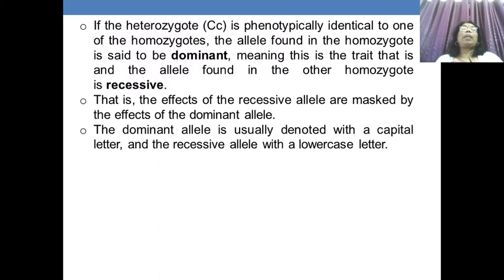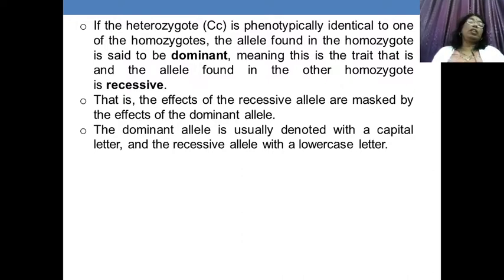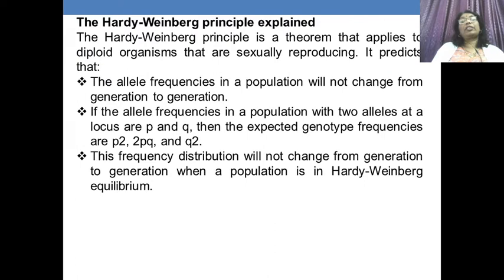If the heterozygote capital C small c is phenotypically identical to one of the homozygotes, the allele found in the heterozygote is said to be dominant, and the allele found in the other homozygote is recessive. That is, the effect of the recessive allele is masked by the effect of the dominant allele. The dominant allele is usually denoted with capital letters and the recessive allele with small letters.